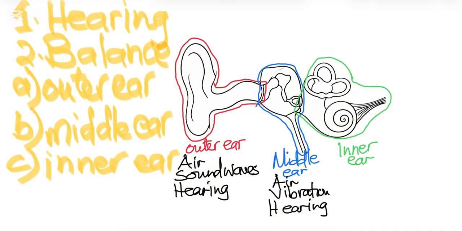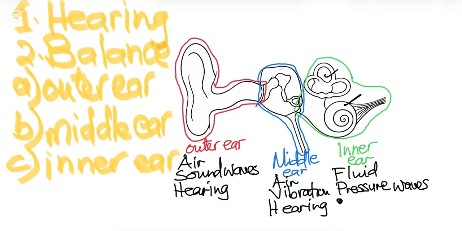Our inner ear has got structures like this one and this one, which are filled with fluid. Right? And because we are talking about fluid here, our stimulus will be the pressure waves.